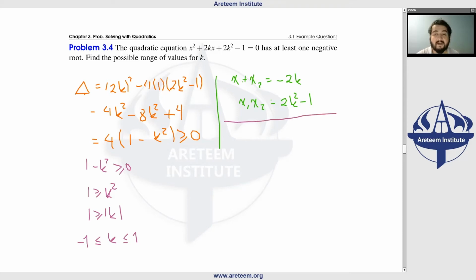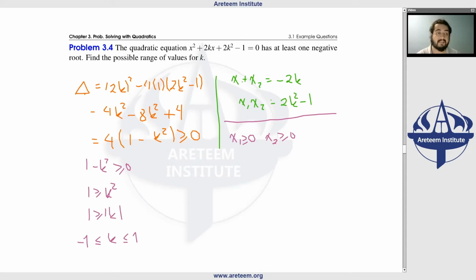So for now, instead of finding the values of k that make me have at least one negative root, let's find what happens when both x1 and x2 are non-negative, so at least 0. So none of these two roots is negative.